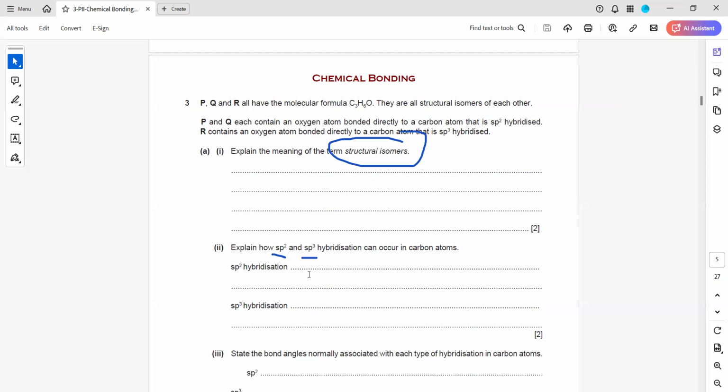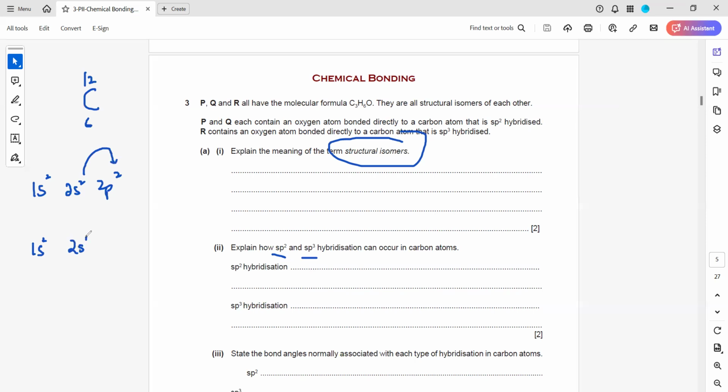So sp2 hybridization, and specifically they mention carbon, when we write the configuration of carbon, carbon is 6 and 12. So the configuration will be 1s2, 2s2, 2p2. But what happens in the excited state, that one of the electrons from the s orbital jumps to the p.